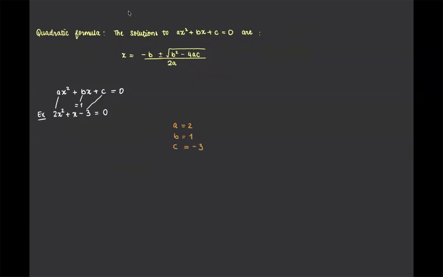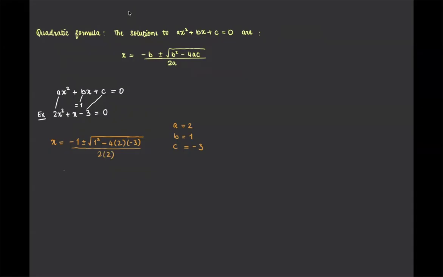And now all I have to do is to plug in these 3 values into my quadratic formula. So I'll have x equals minus b, so minus 1, plus or minus b squared, so that's 1 squared, minus 4ac, so that's minus 4 times 2 times -3, all over 2a. So 2 times 2.